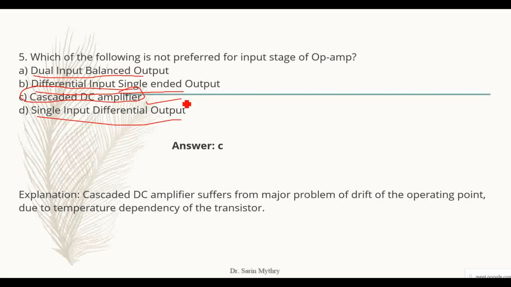But coming to the cascaded DC amplifier, its major disadvantage is a problem of drift at the operating point. We call it thermal drift. Because of that thermal drift, it cannot be used at the input of the op-amp. So option C is the correct one.